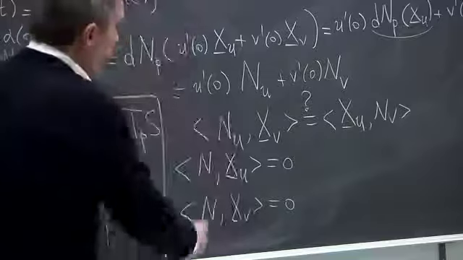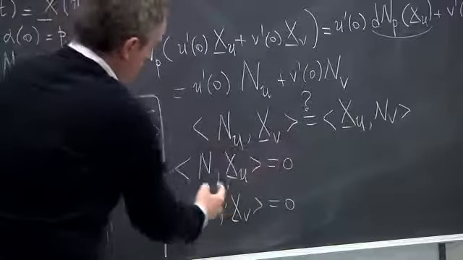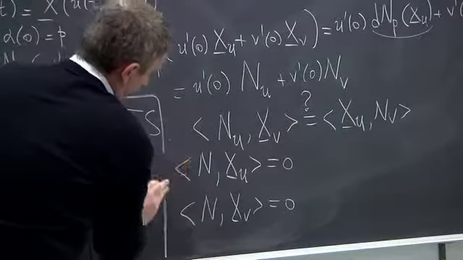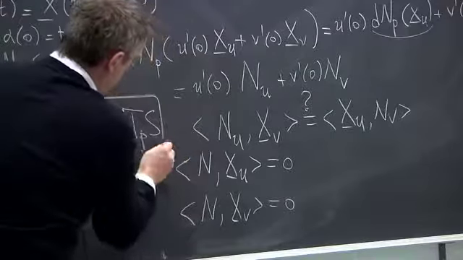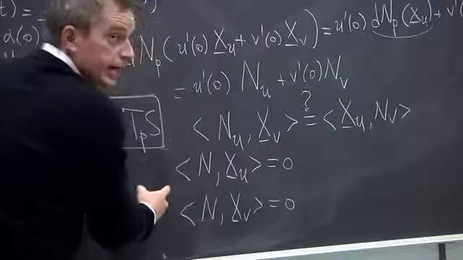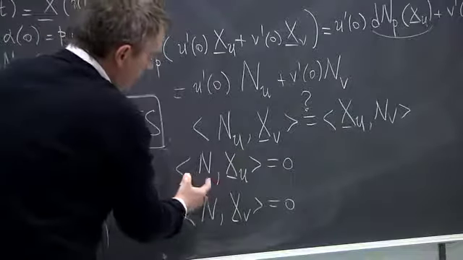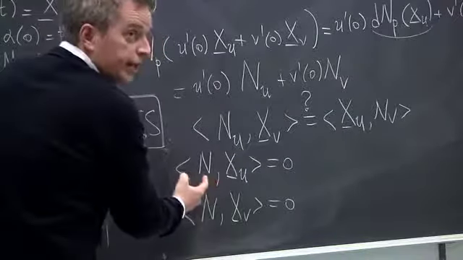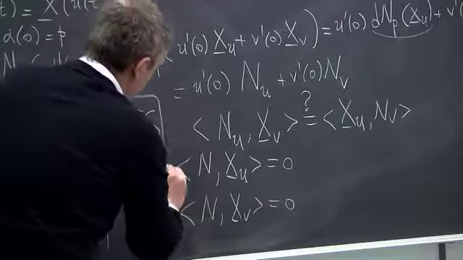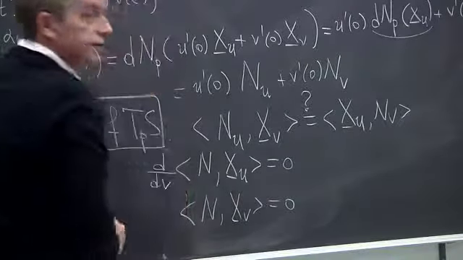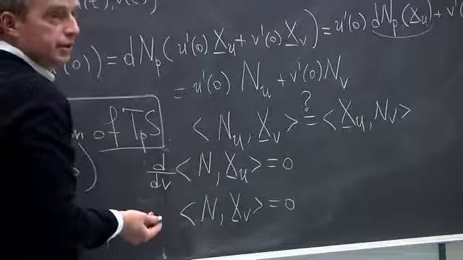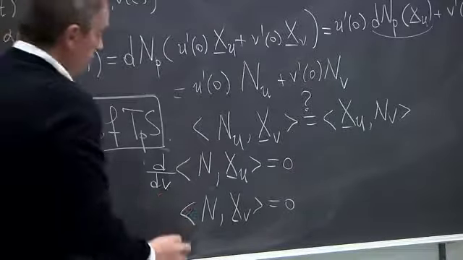Then how do you get here? Well, let's do it. It's simpler to do it than to justify it. I take the derivative of this equation with respect to the missing coordinate here, v. So let's take d in dv of this equation. Of course, if I differentiate 0, I get 0.